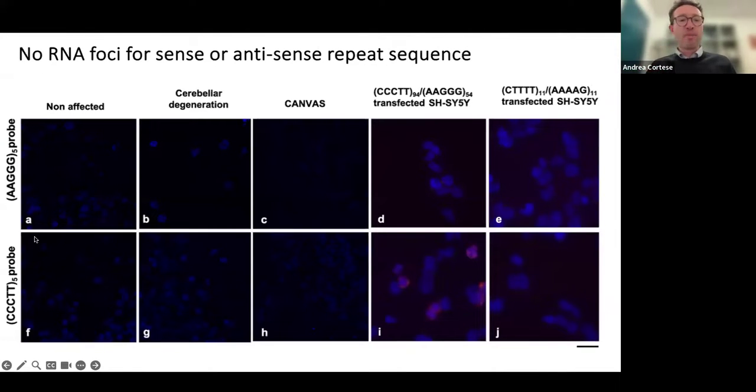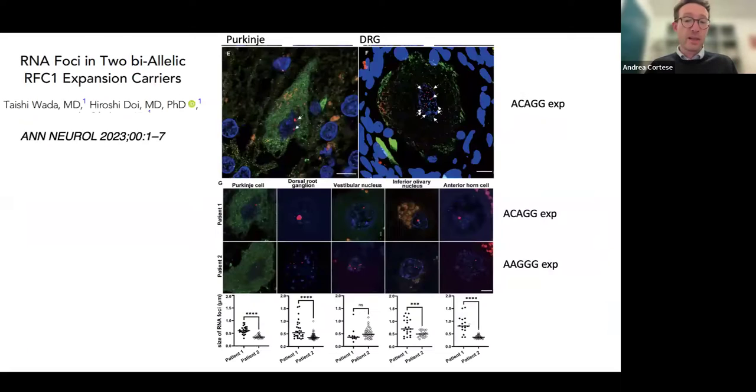One of the possible mechanisms in repeat expansion is that this repeated RNA forms some sticky structures which sequester other proteins. And we didn't think they were clearly there. This is in our hands. Some people think differently or have different findings. And particularly in Asia, they seem to have found some of these RNA foci.